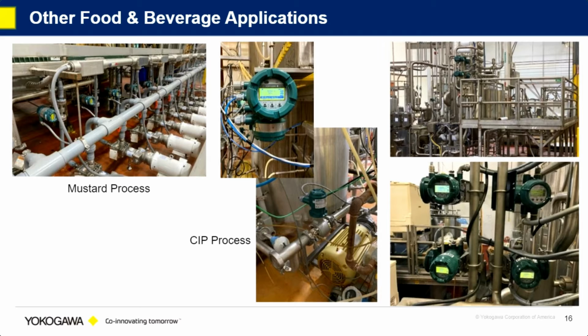On the top right is a picture of a batching system, which is a combination of Coriolis meters and mag meters. Coriolis meters, we'll get to in a second, measure mass and density. For basic water batching, people were fine with using mag meters. But at the end of the day, this is kind of representative of what goes on in the food and beverage marketplace.